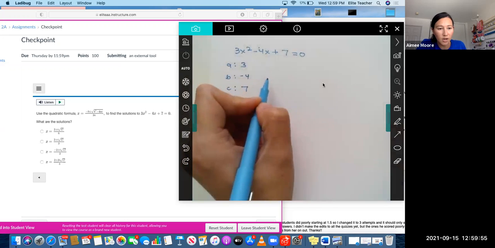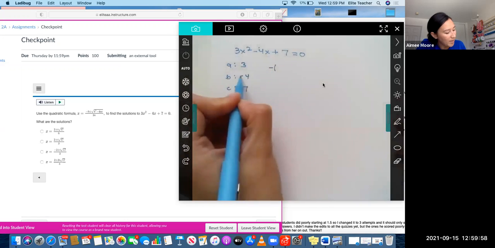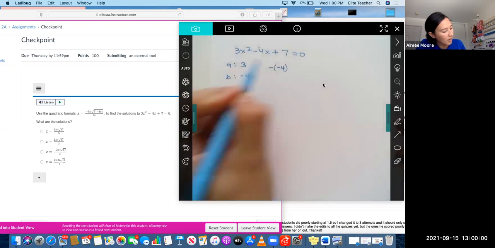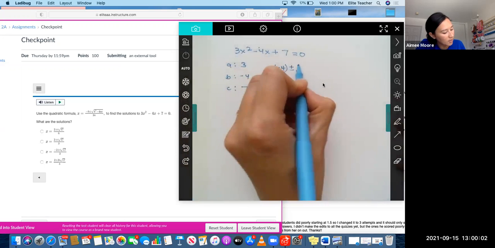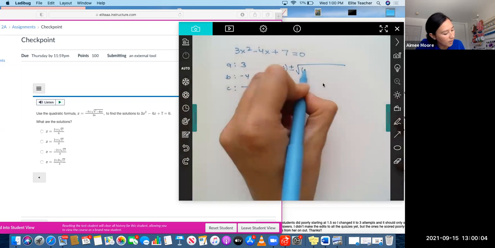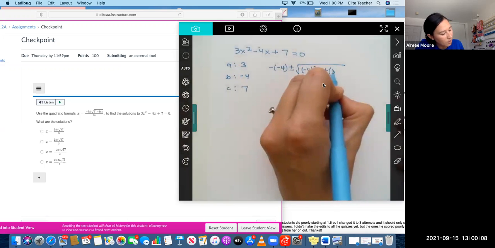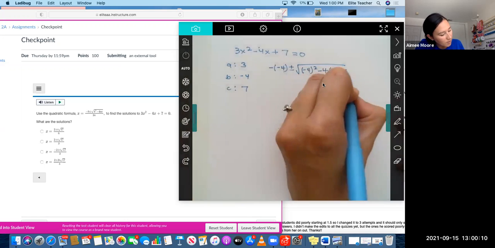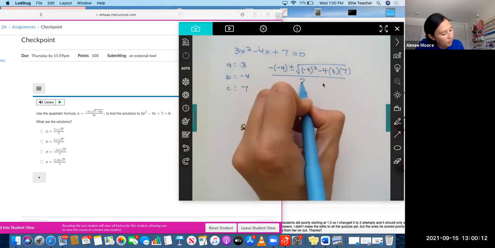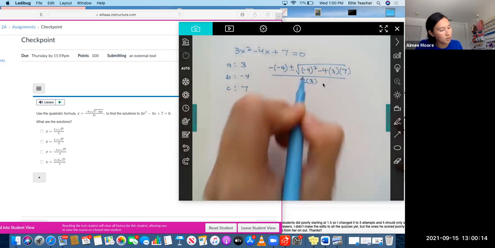And then we plug it into our quadratic formula. So negative B, which is negative 4, plus or minus the square root of B squared, negative 4 squared, minus 4 times A, which is 3, times C, which is 7, all over 2 times A, which is 3.